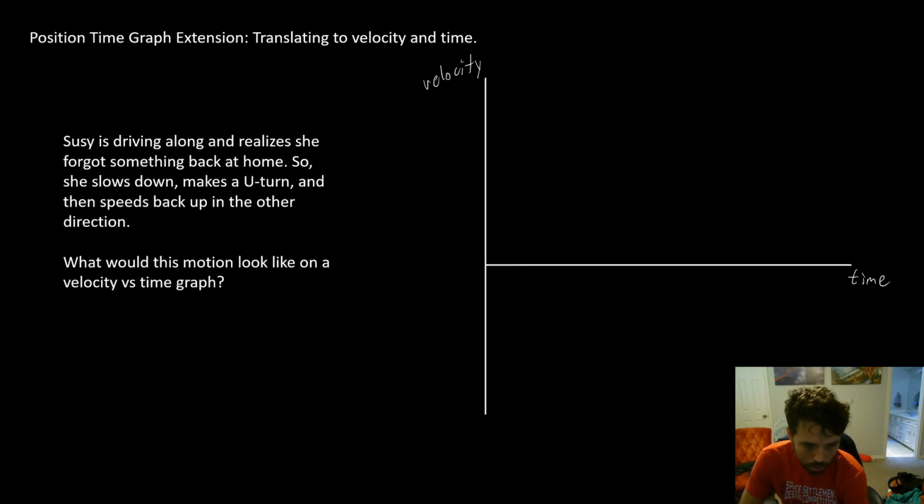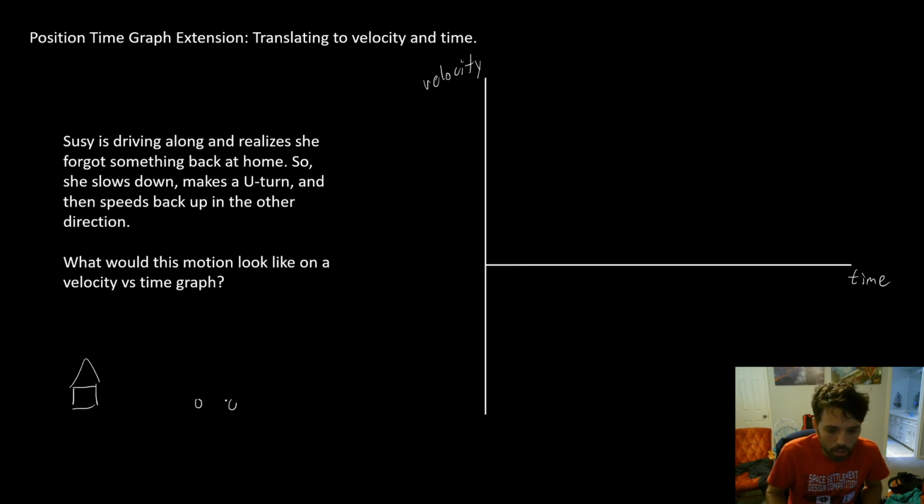This one always can be confusing, so let's go through this and see what she's doing here. Let's assume that initially Susie is going in the positive direction. So here's Susie's house, and here's Susie in her car, my awesome car, and she's going to the right. I know I cannot draw.